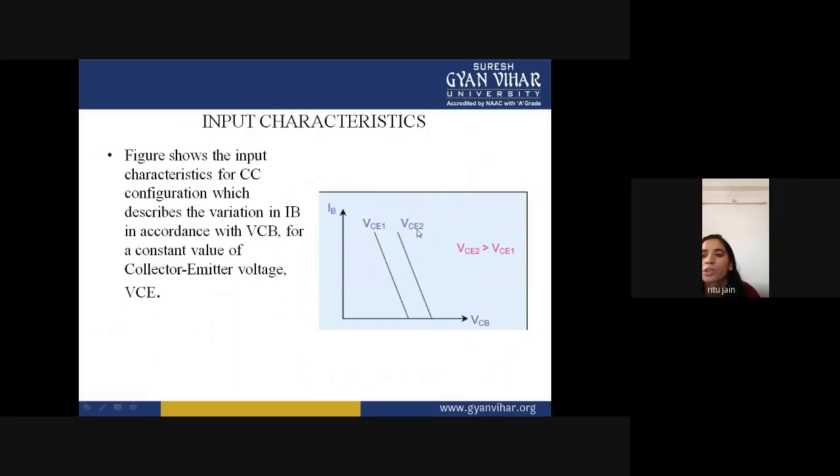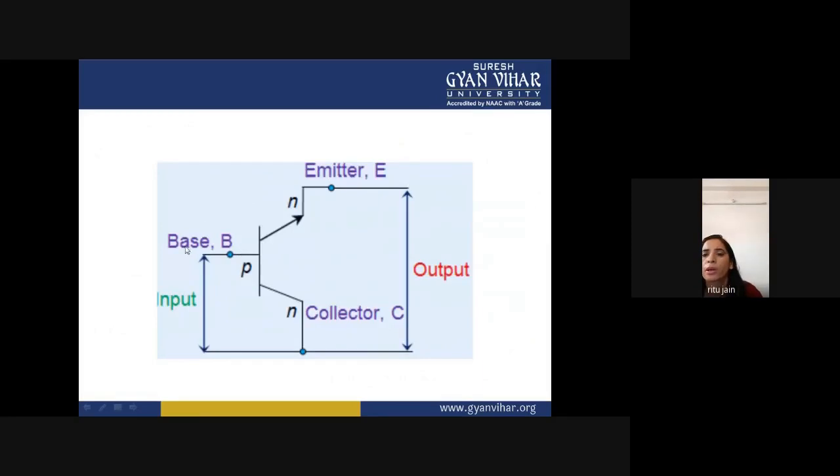If you change the value of output voltage, it will be fixed. The output voltage will be fixed, because we have already discussed, if you want to draw the input characteristic of your transistor, then you have to take input current and input voltage by keeping the output voltage constant. So you can see over here that input current is your base current, and input voltage is your base collector voltage, and output voltage is your VCE, collector emitter voltage.